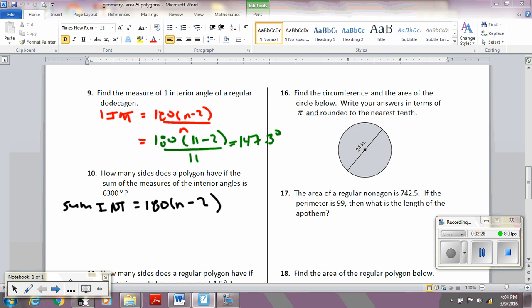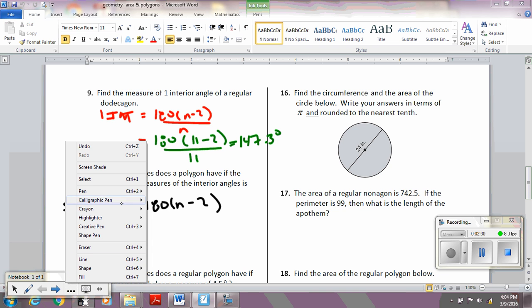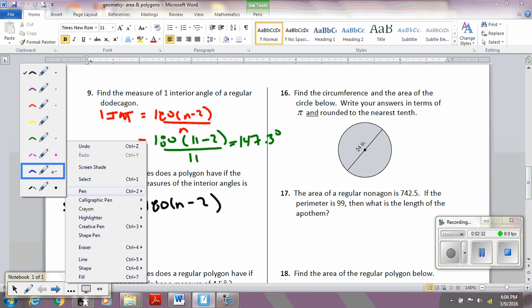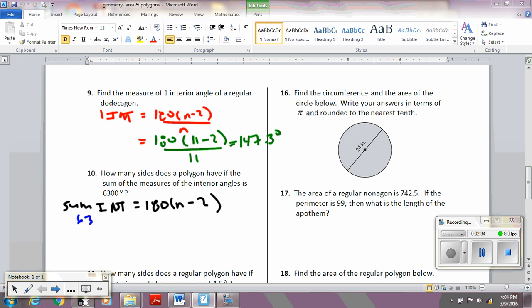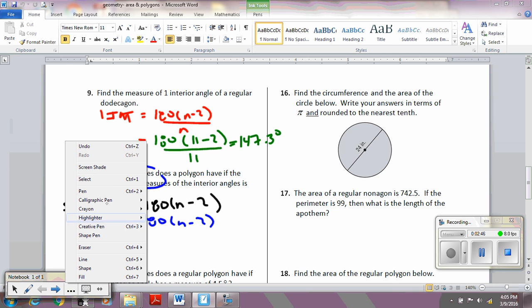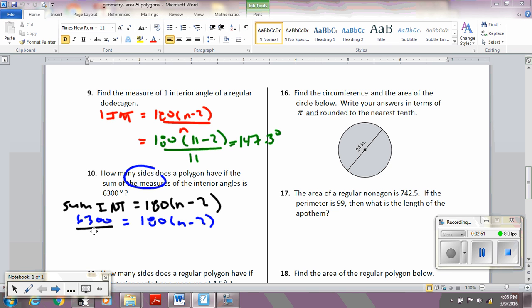Since we're provided with the sum, we're going to replace the left side of the equation with 6,300. And we have to work backwards to solve for n, which is the number of sides, which is what it's asking for. So in order to get n by itself, the first thing I would do is divide both sides by 180 to cancel it out on the right.